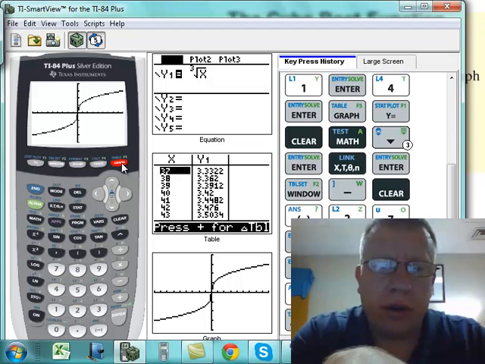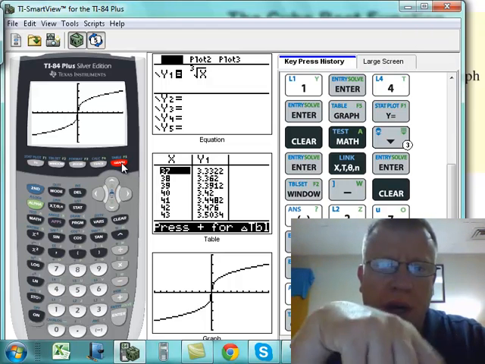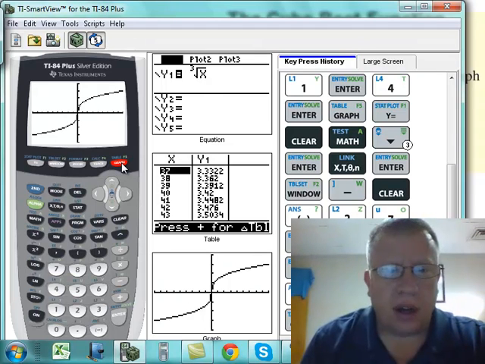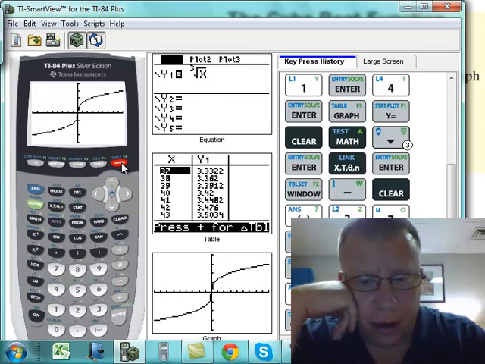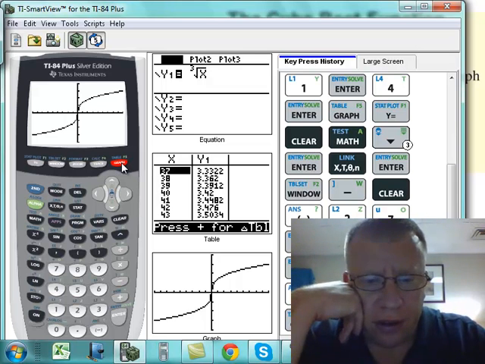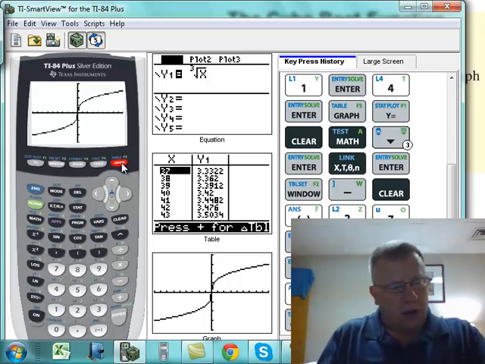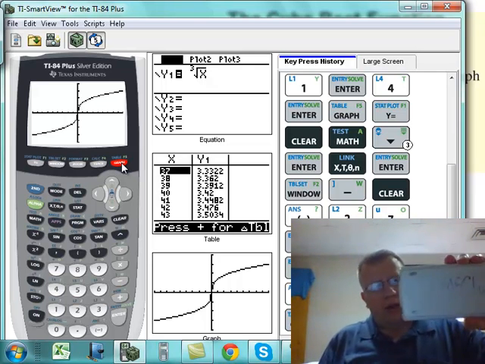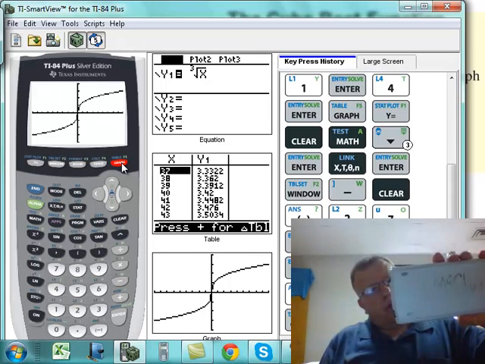Now I want you to carefully note the shape of this graph, because we're going to see the cube function here in a few minutes. And you're going to notice that the cube function is eerily similar if you were to rotate your calculator sideways. It's like, oh, that looks familiar.